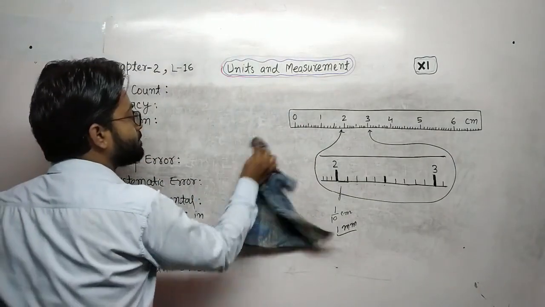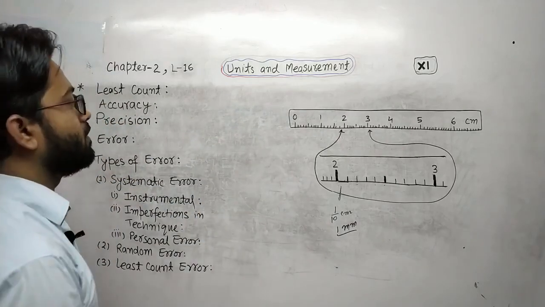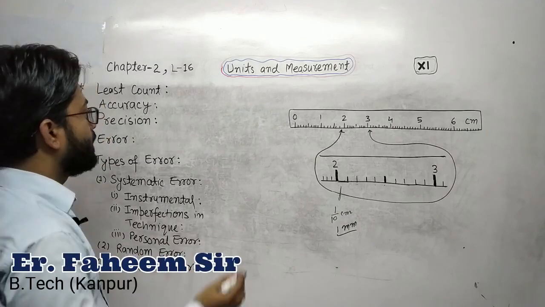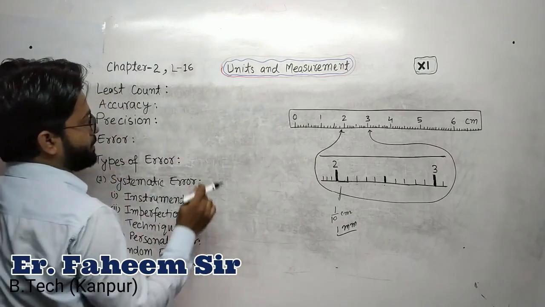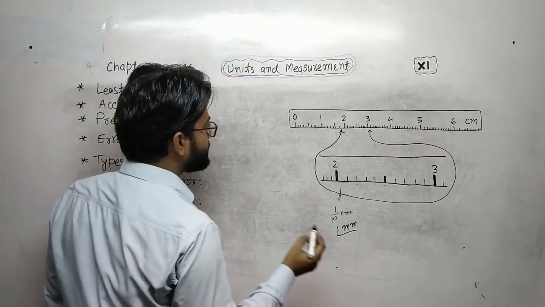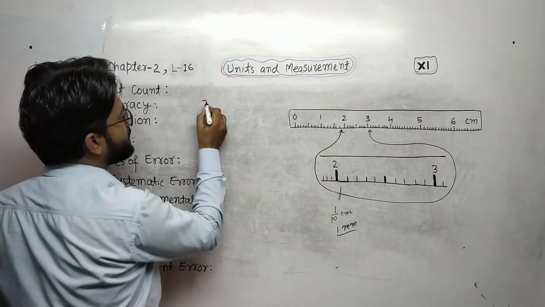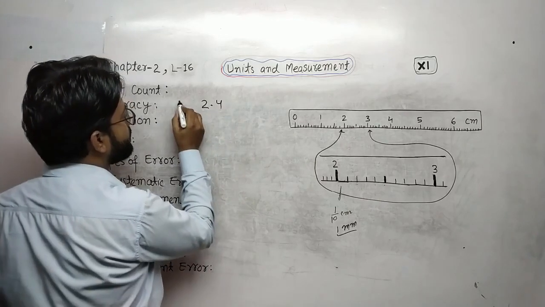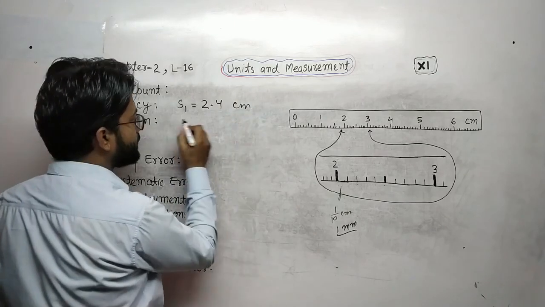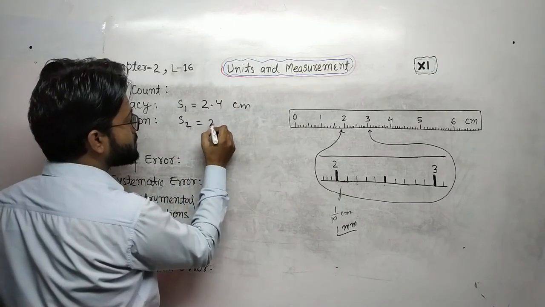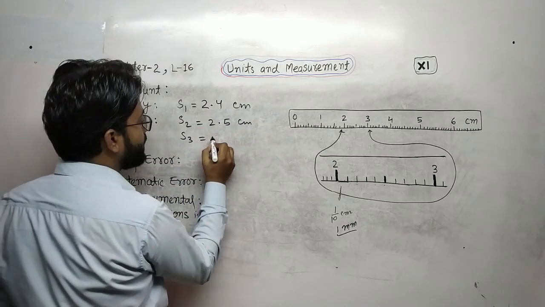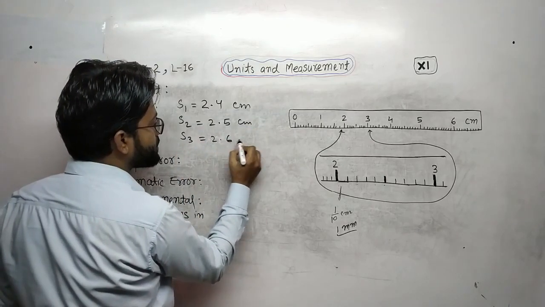From the term accuracy you can understand that it is talking about accurate measurement. Let us suppose students are given a stick. Student number 1 measures 2.4 centimeter, student number 2 measures 2.5 centimeter, and student number 3 measures 2.6 centimeter.